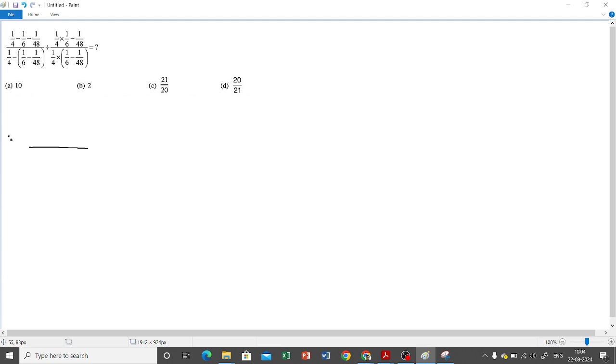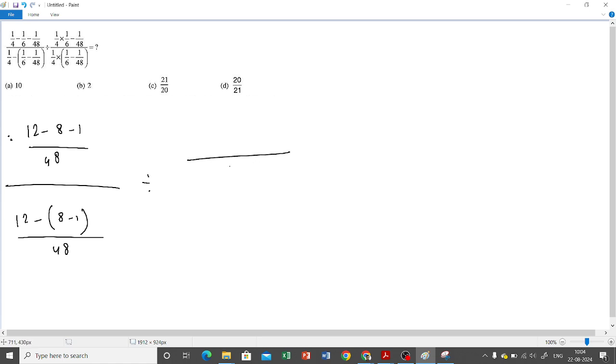Just let me do it simply, okay? 4, 6, 48. Of course, the LCM is going to be 48. 12, 8 minus 1 divided by, again the LCM is going to be 48 only. 12 minus within bracket 8 minus 1. So this is going to be 1 by 24.